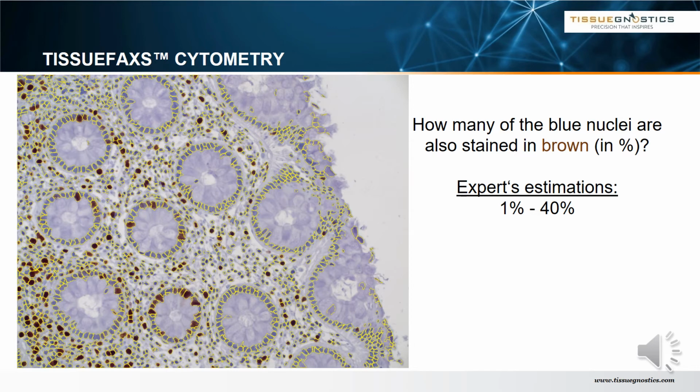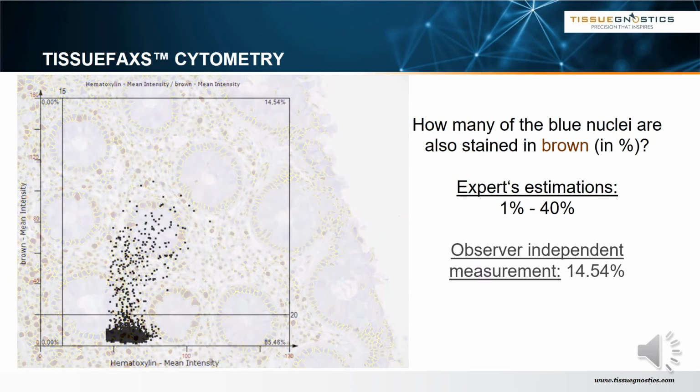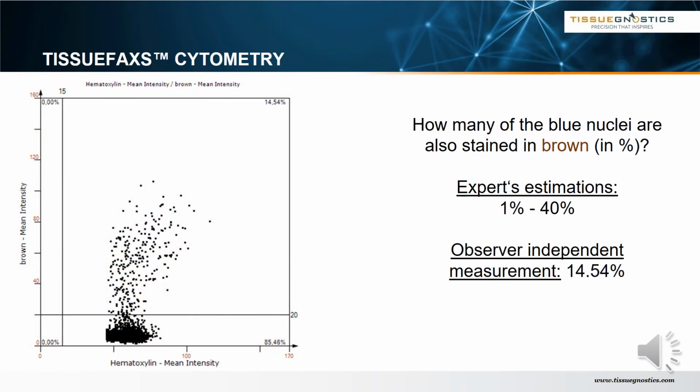nucleus how much blue and how much brown are associated with each nucleus. This measurement is not limited to blue and brown, it can be done with any color. The results are shown in this type of scattergram.